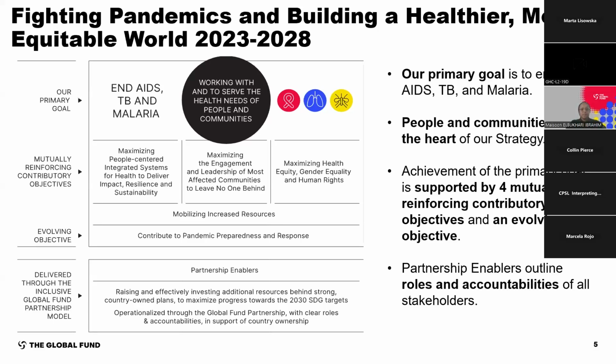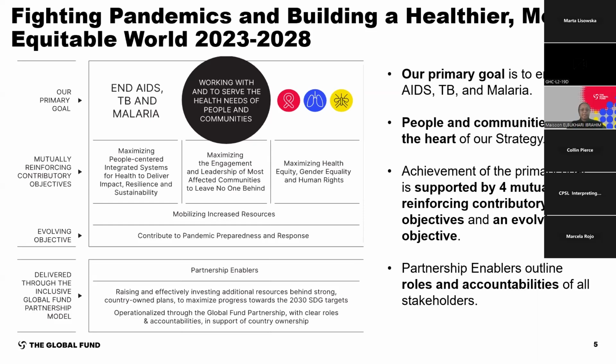The primary goal of the strategy is clear: to end AIDS, TB, and malaria. But to get there, the strategy outlines 4 mutually reinforcing objectives. These are like the building blocks that support that goal. Let's walk through them briefly then. The first one is maximizing people-centered integrated systems for health. This is all about bringing services closer to people and having a system that's responsive to people's needs and provides quality health services.